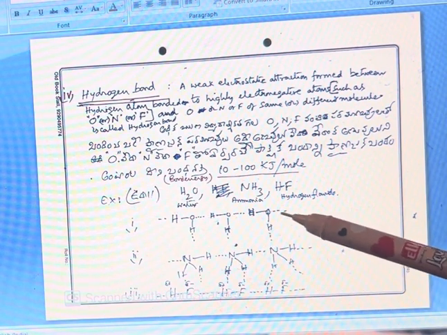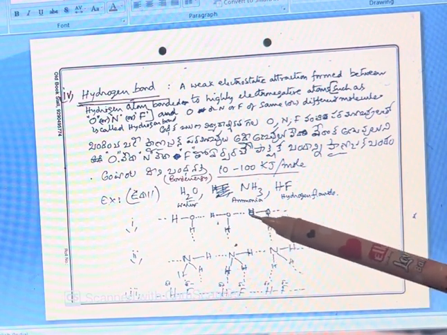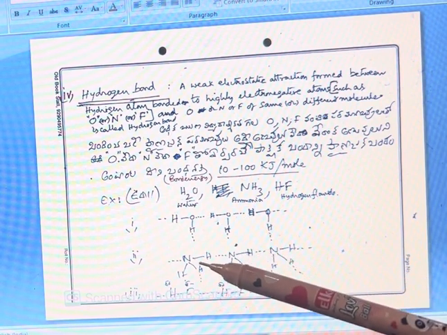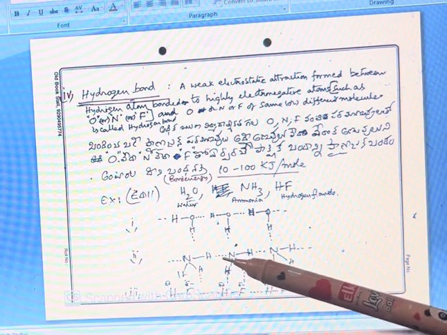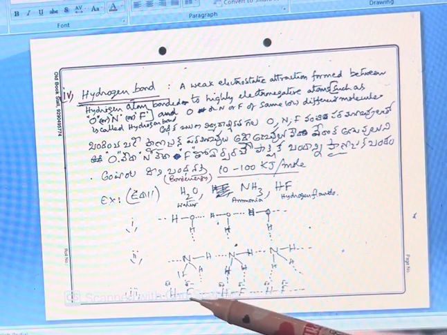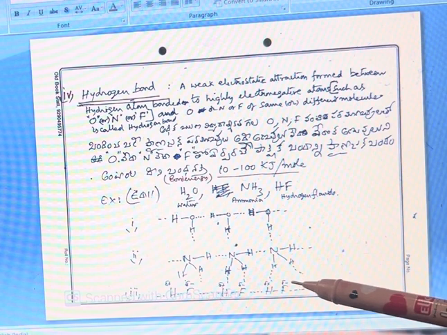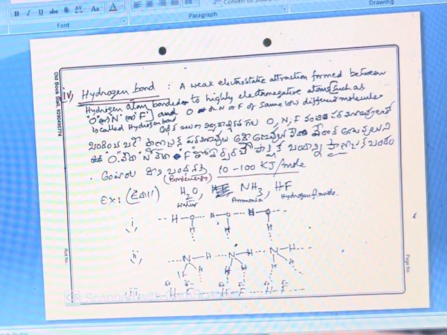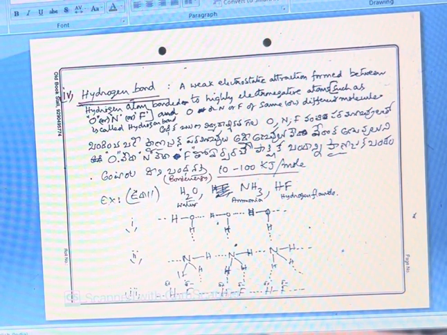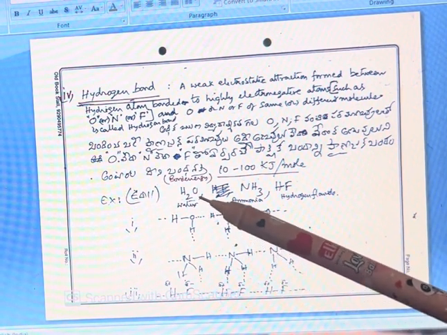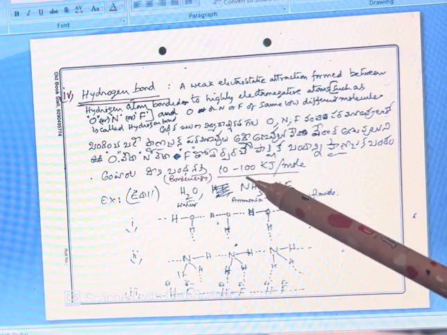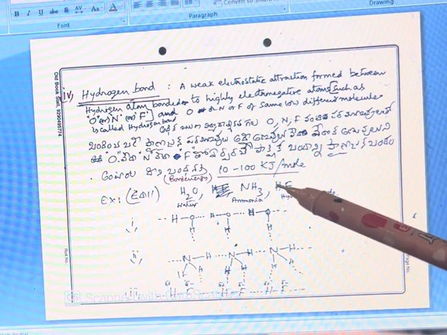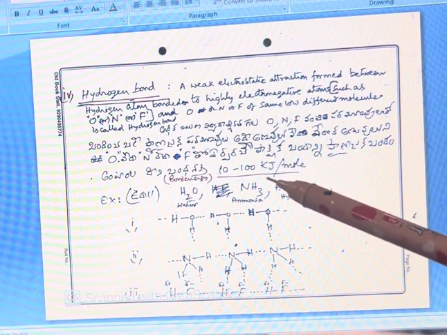Water is an associated liquid due to the presence of hydrogen bonds between the molecules. Similarly, ammonia is also an associated liquid, because between ammonia molecules the hydrogen bond is there. Similarly, HF is also an associated molecule. What is the bond energy of the hydrogen bond? 10 to 100 kilojoules per mole. Which is the strongest intermolecular attraction? Hydrogen bond.